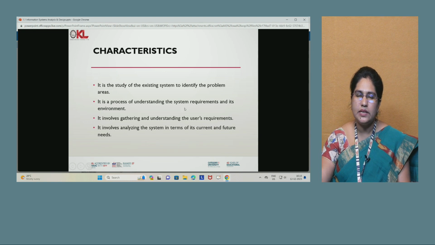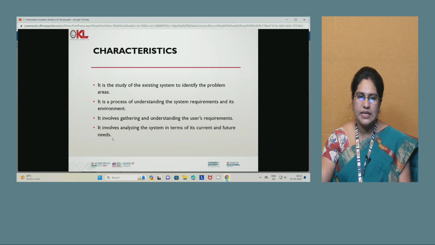So it concentrates on both the system requirement and the user requirement. It also involves analyzing the system. After getting a clear idea about the system requirements and the user requirements, it is going to analyze the system in terms of its current and future needs.